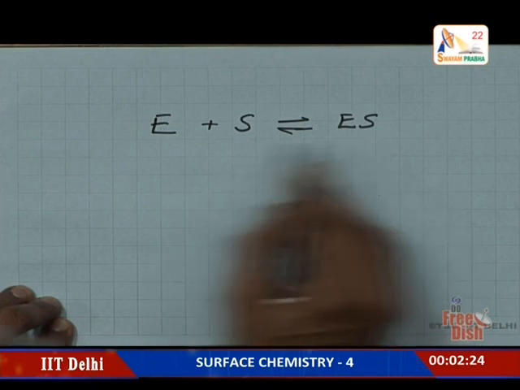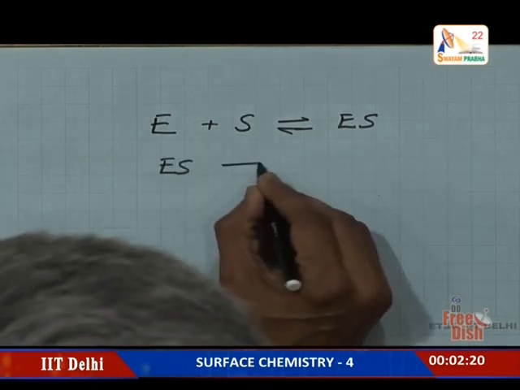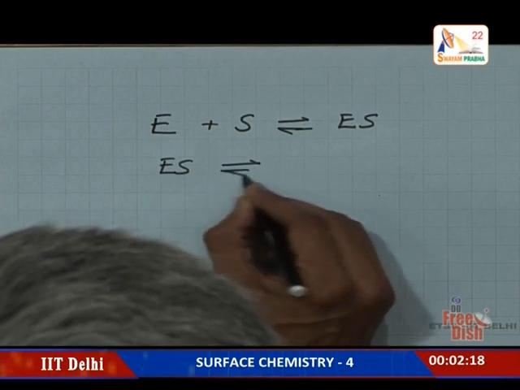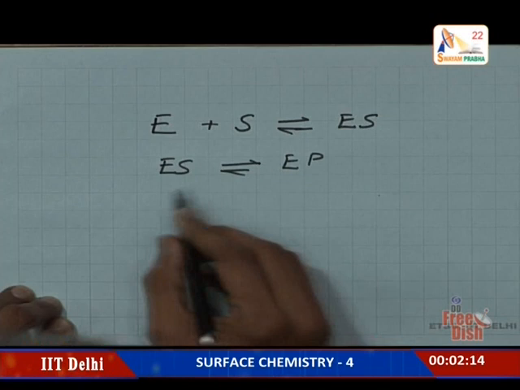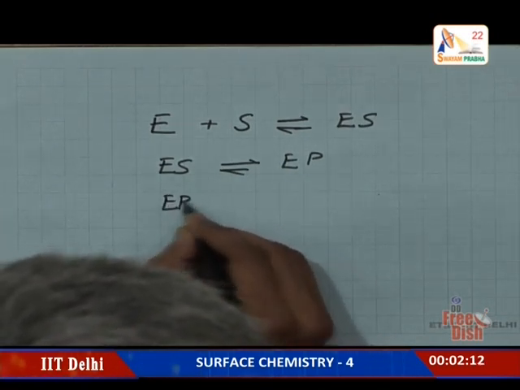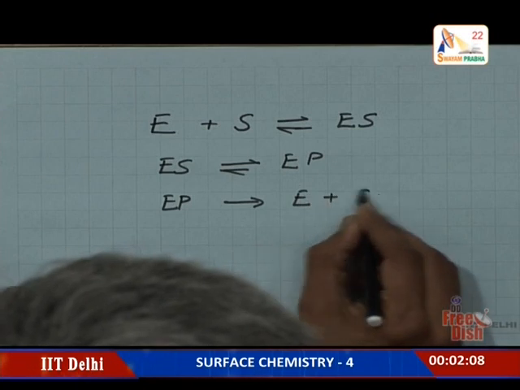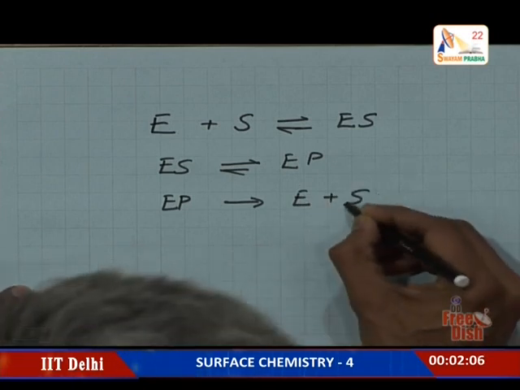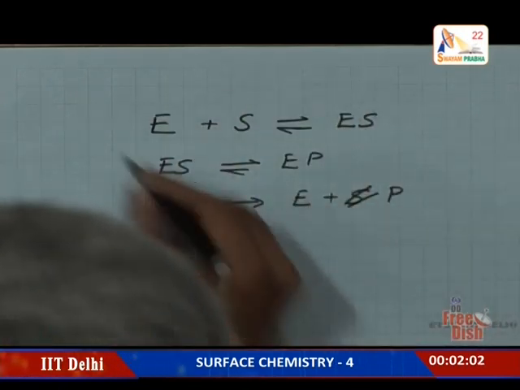This enzyme substrate complex will undergo a reaction to give you the product, which is still bound, and the enzyme product complex then falls apart to regenerate the enzyme and the product. And this is how it works.